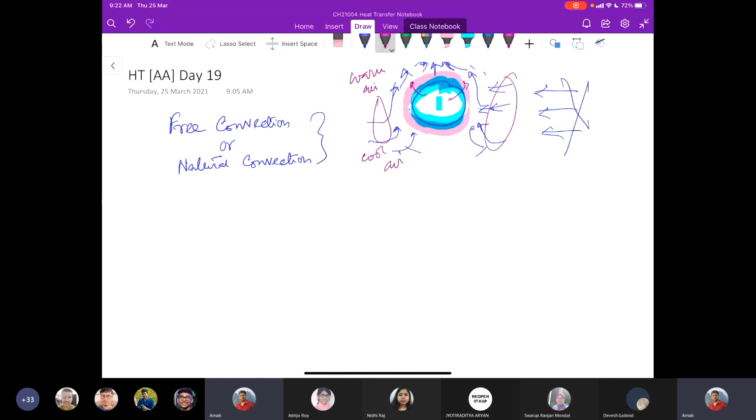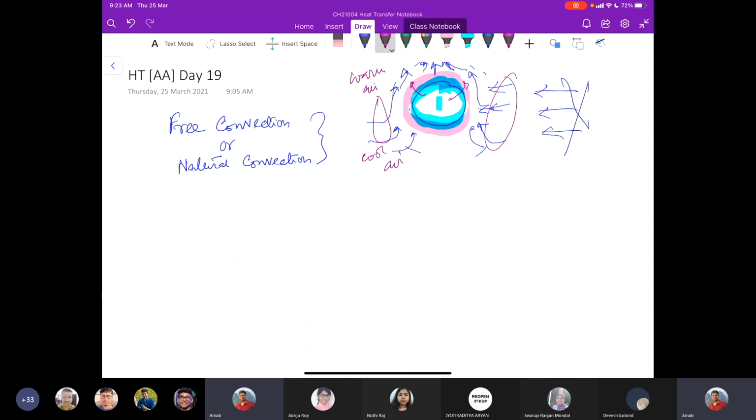But here again, remember that in the absence of any natural convection, the heat transfer from this spherical ball to the surrounding air is by conduction only. If you do not have a fluid medium where you have kept that ball, if it is a vacuum, then except radiation, which we are not considering here, the entire heat transfer is by conduction only.